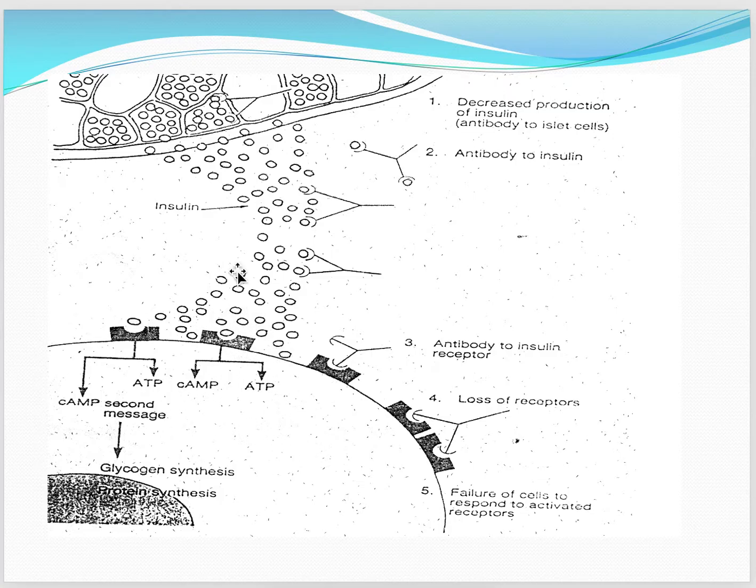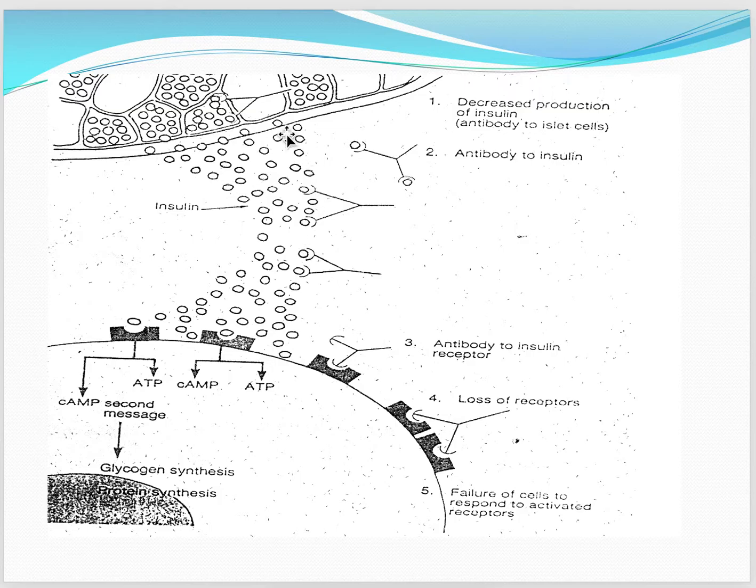Once they bind with the receptor of the cell, a series of events gets activated in the cell, which eventually causes glucose metabolism. So there are different antibodies that react in different areas and can cause diabetes.